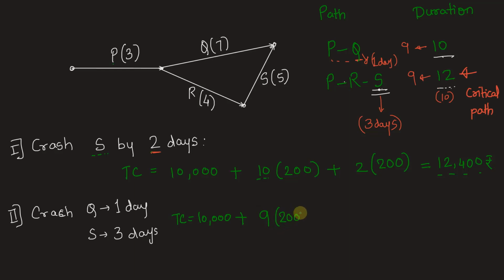Now for crashing activity Q by 1 day, we will have to incur an extra cost of 1 times 100, the cost slope of Q being 100 rupees per day, plus 3 times the cost slope of S, 200 rupees per day. This calculates to 12,500 rupees. So to bring down the duration of the project to 9 days, the total cost is 12,500 rupees. This is the minimum cost that will have to be incurred.